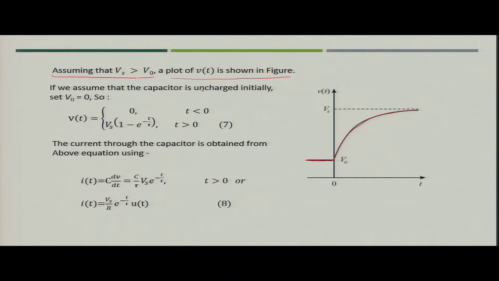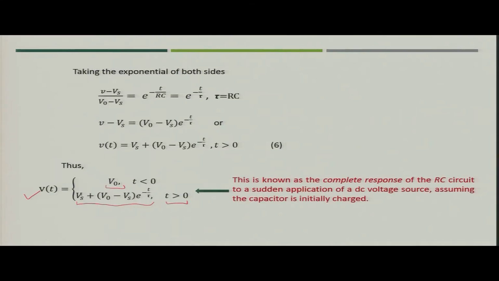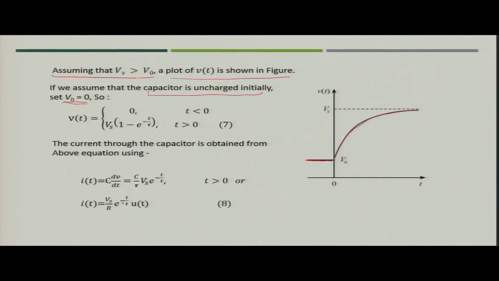Now, let us take another condition. If the capacitor is initially uncharged, that means V naught is 0. So you just put V naught equal to 0 in this case, and what you will get is Vs into 1 minus e to the power minus t by tau for time t greater than 0.